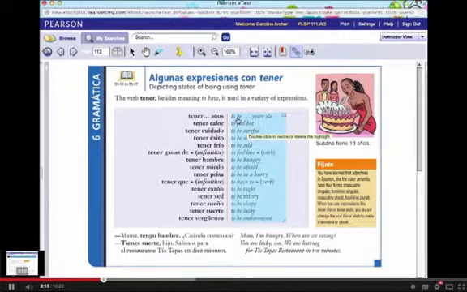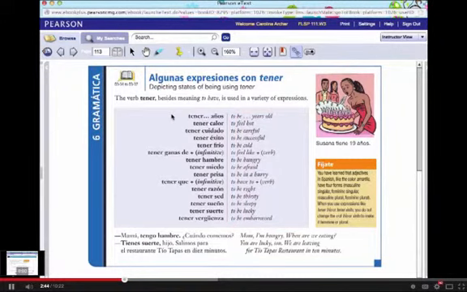To talk about age, we say I am 20 years old, or to be careful, she is careful, or to be successful, they are successful. So in all these expressions that we use the verb to be or to feel, we use in Spanish the verb tener.